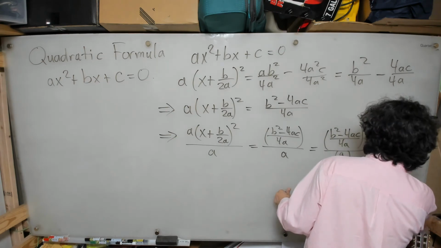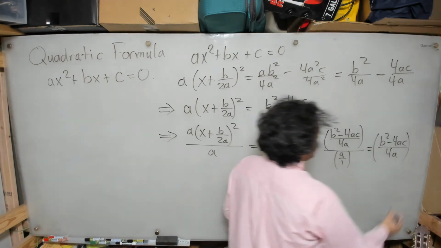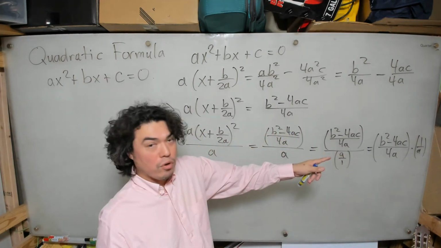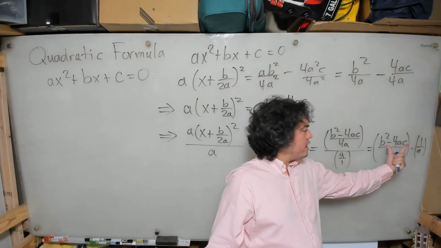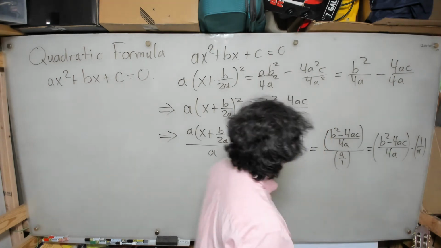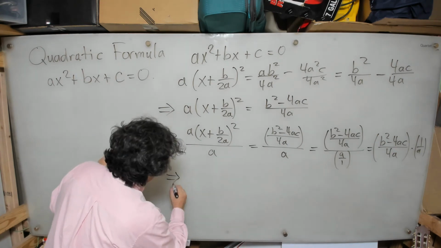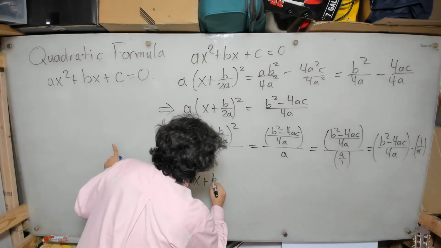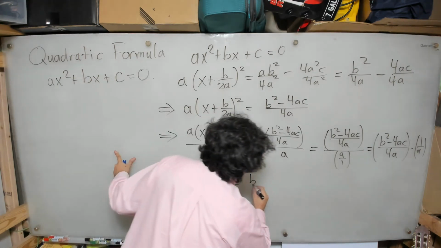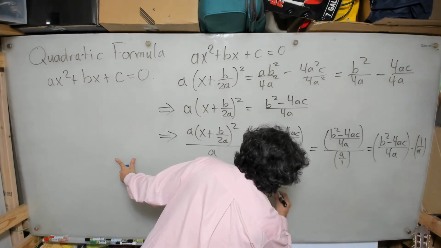That'll mean that I'm multiplying b squared minus 4ac all over 4a, the numerator, times the reciprocal of the denominator, which is 1 over a, like this. And if you notice, the numerator, b squared minus 4ac times 1 is just b squared minus 4ac. 4a times a is 4a squared. And then here on the left-hand side, the a's cancel, and I'm left with x plus b over 2a squared equals b squared minus 4ac all over 4a squared.